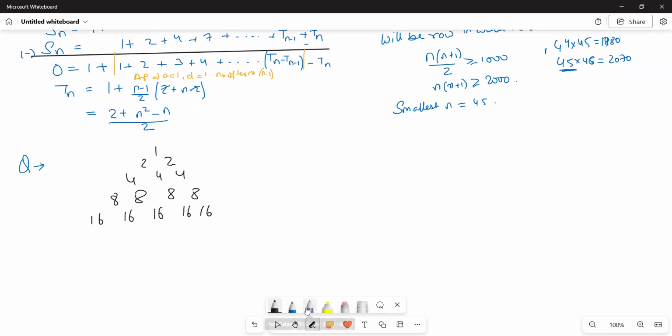Now the question is, find the value of the 511th term. If we write it like this, the 511th term that we write, what would be the value of that term?